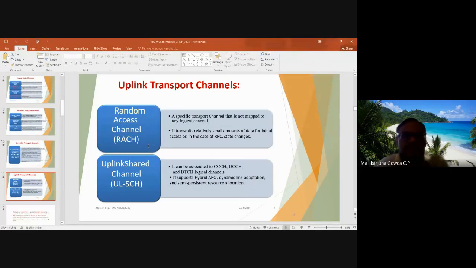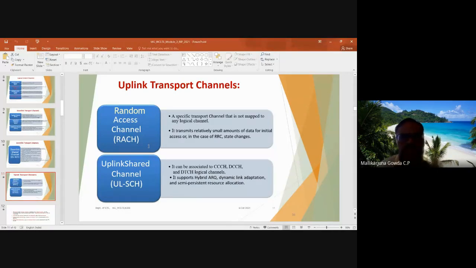It will request the resources: I wanted to communicate, so allocate the channel. That is what RACH will be doing. That is why I said it transmits a relatively small amount of data for initial access, or in case of radio resource connection or state change, that is from idle state to active state.